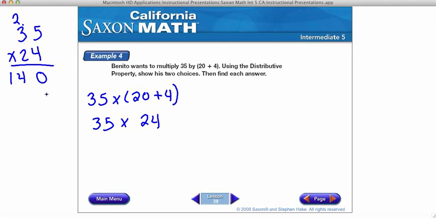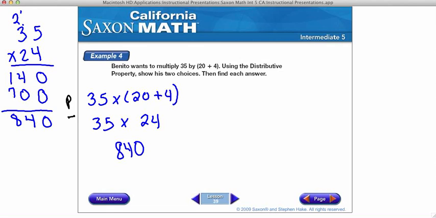Multiply by 20, so I put my 0 as my placeholder. 2 times 5 is 10, carry the 1. 2 times 3 is 6, plus 1 is 7. 0, 4, 8, 840. So for this side, I used PEMDAS. I added my parentheses and then I multiplied.